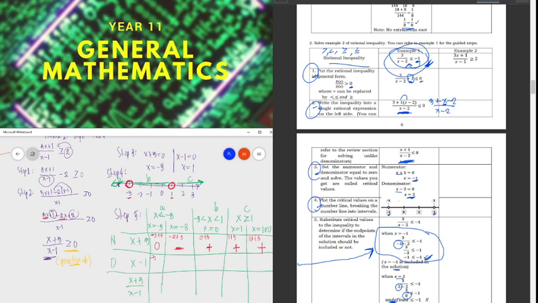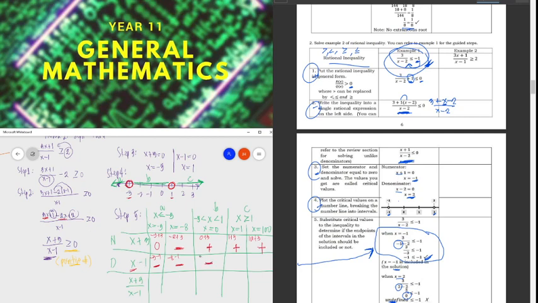Substitute -3 for x. So -3 minus 1 is still negative. Next, -8 minus 1 is still negative. Next, 0 minus 1 is negative.